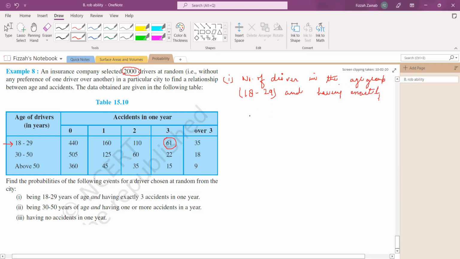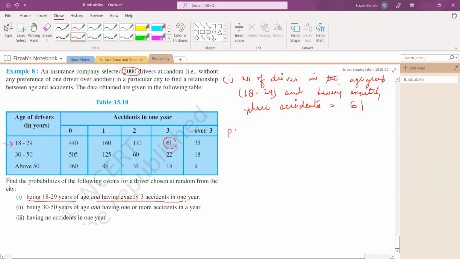So basically you have to write this complete line, which is given in the question. This line I'm writing. So how many drivers are there? 61, right? Yes, ma'am.